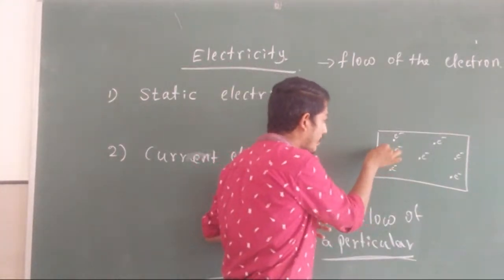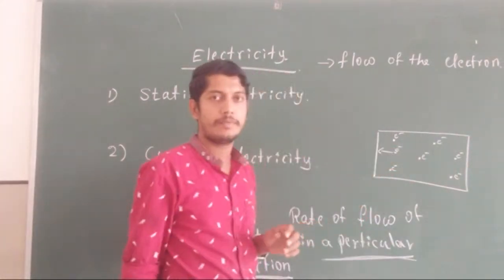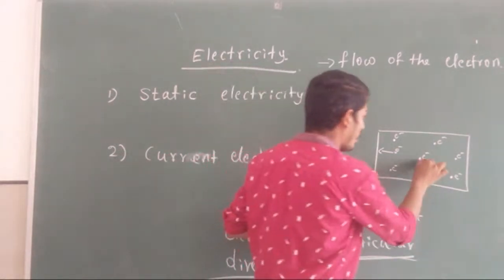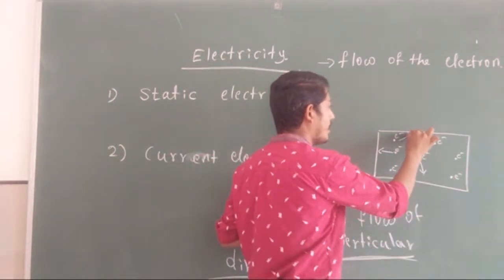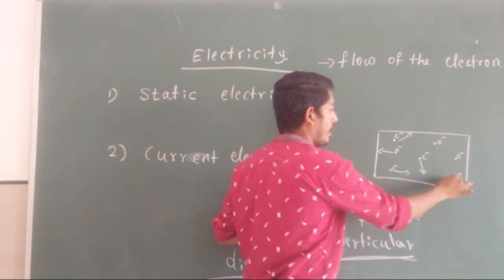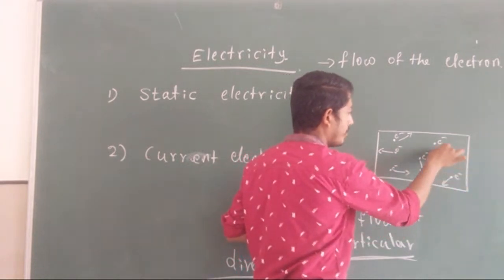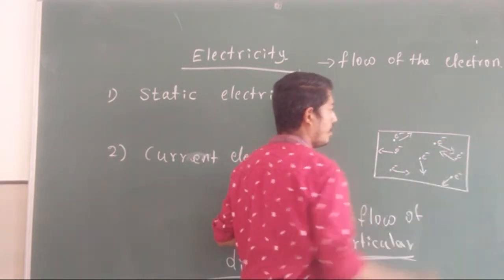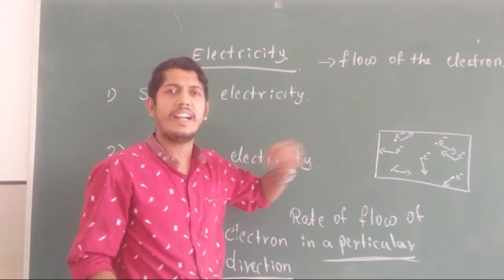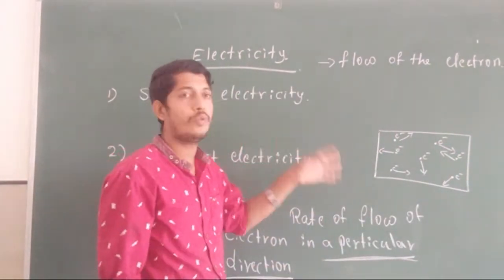Now, one electron is moving in the left direction, another in the downward direction, another in the upward direction, another in the right direction. So the electrons are moving in random directions. Wherever they want, they are moving.